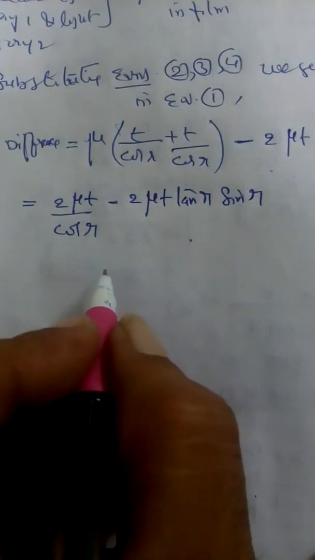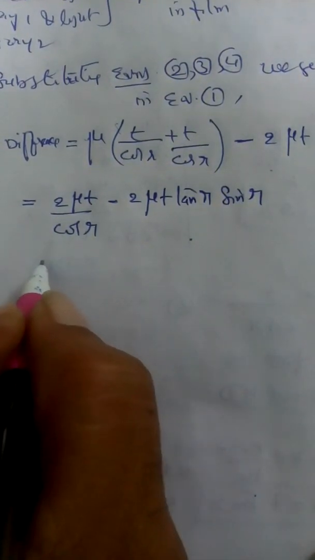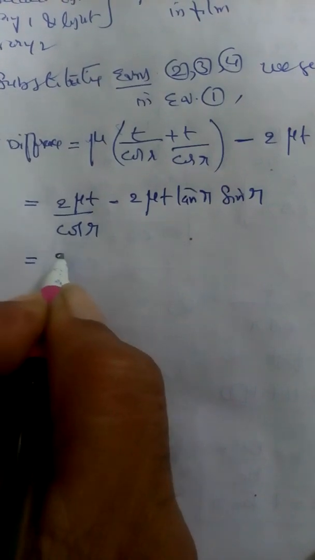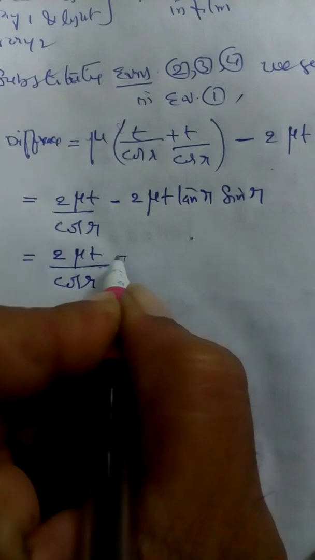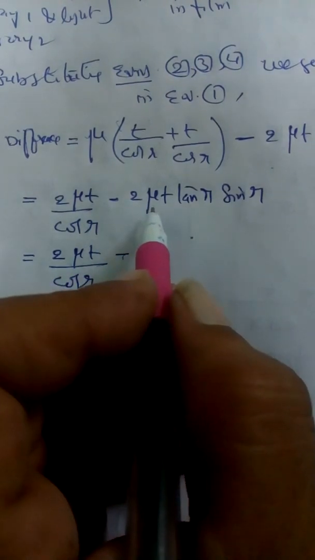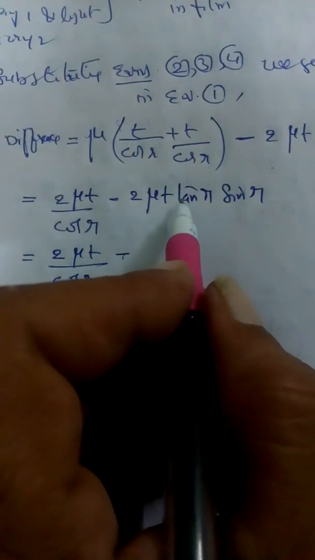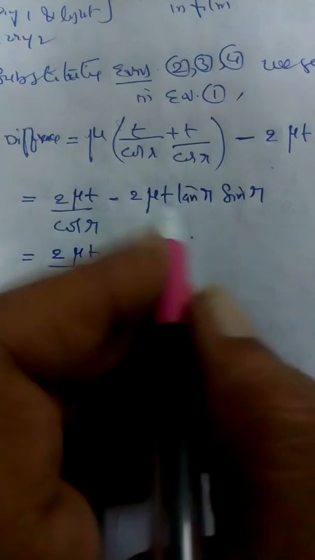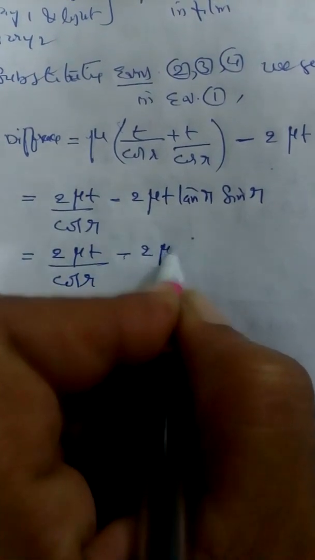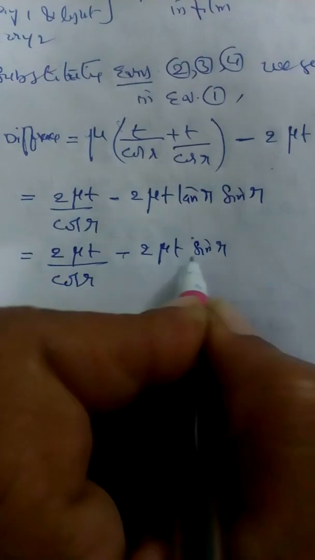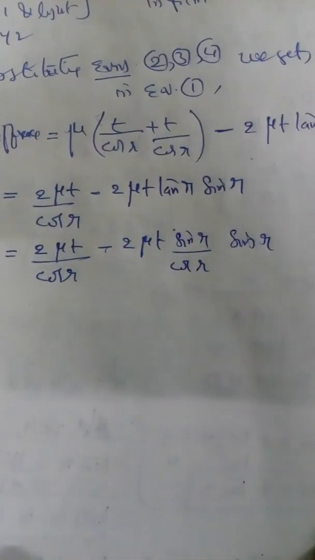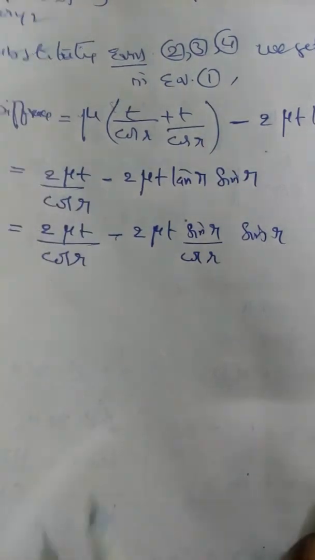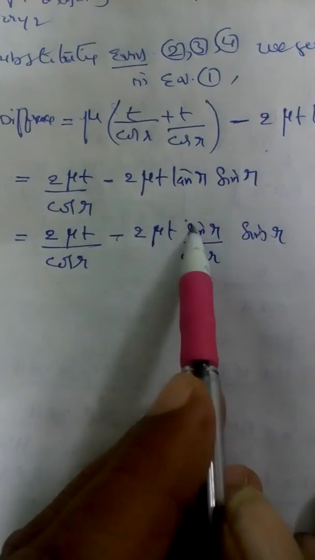Now let us simplify this. So this is 2 mu T by cos R minus, look at the second expression. Tan R means sin R by cos R. So 2 mu T sin R by cos R into sin R. This tan R I have expanded, tan R is nothing but sin by cos.